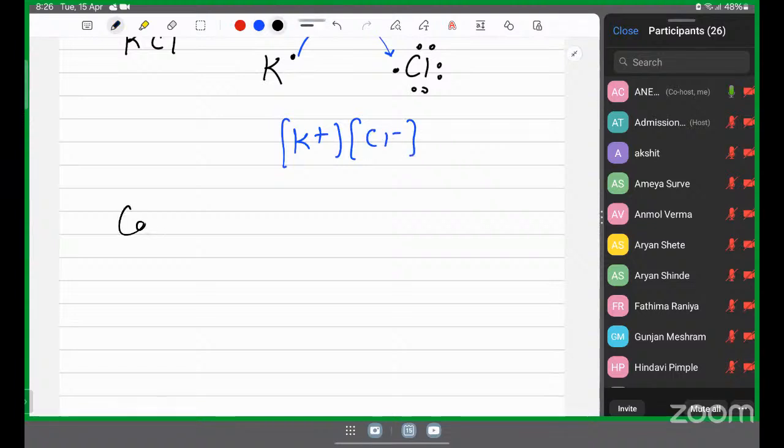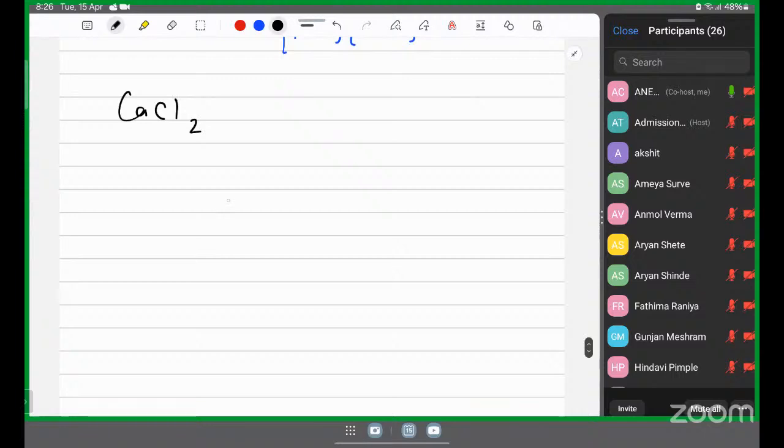What about CaCl2? Calcium Ca has 2 electrons. Cl has 7 electrons in valence shell, and these 7 electrons are represented by 7 dots. When we represent an atom with its outermost electrons with the help of dots, this is known as Lewis dot formula or Lewis dot structure.